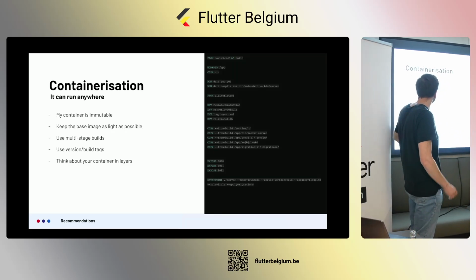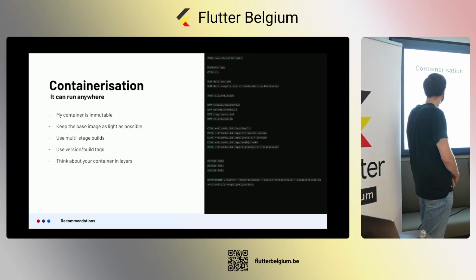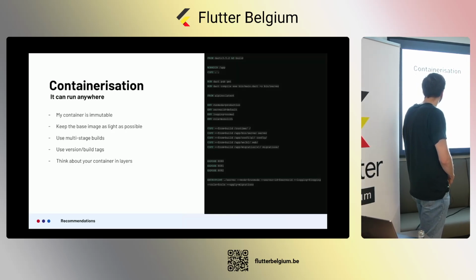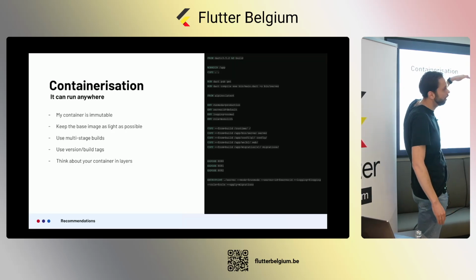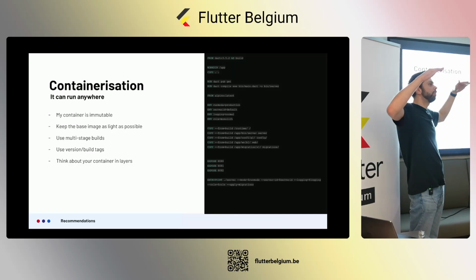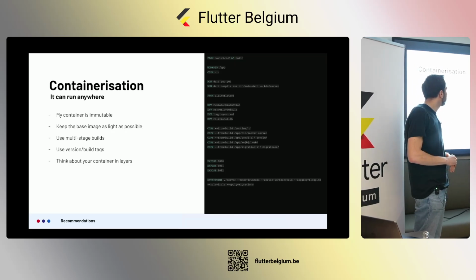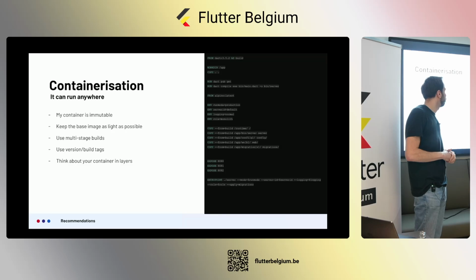Also use versions, so it's always easy to revert back to a specific version. And think about containers in layers. Each time you add a line, you add a layer. So if you have multiple images, it's always interesting that you can reuse different layers to take down the build time.